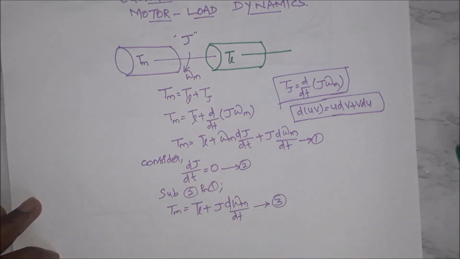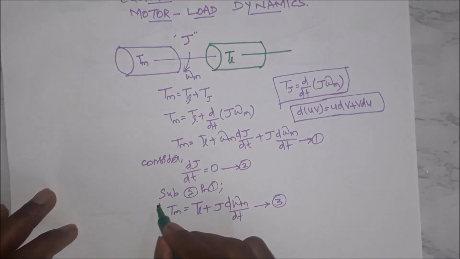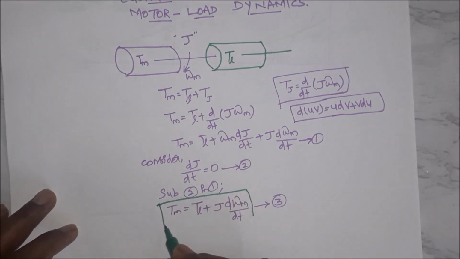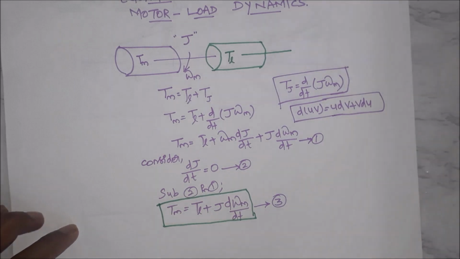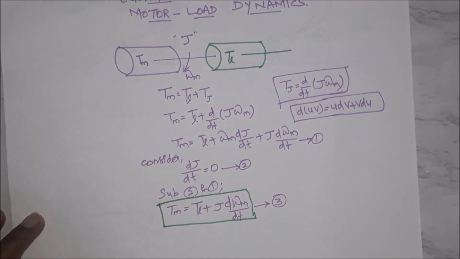So this is our motor and load dynamic equation. That means the torque developed by the motor Tm is equal to the load torque plus J into d omega m by dt. This is our motor load dynamic equation.